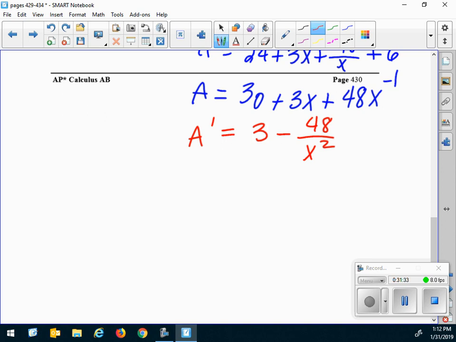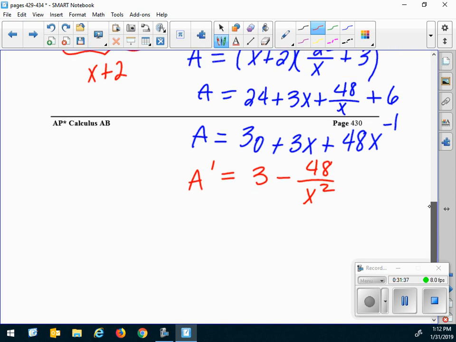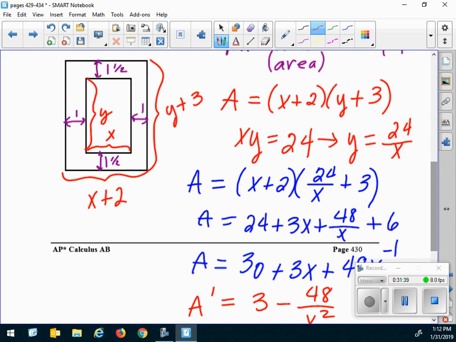Is that derivative ever undefined? When? When x equals 0. Is x equals 0 a viable option anyway? No. So the only viable options are positive x values, right?